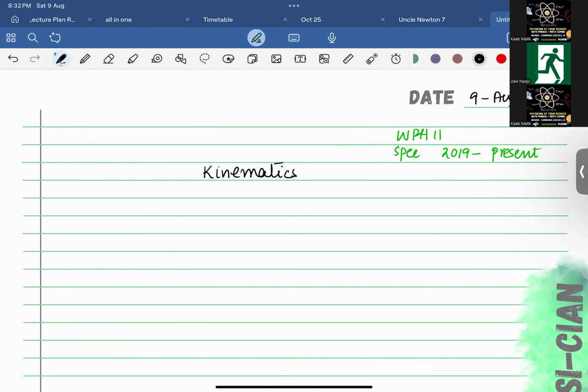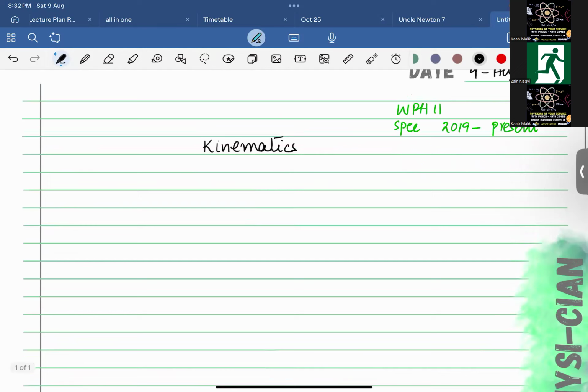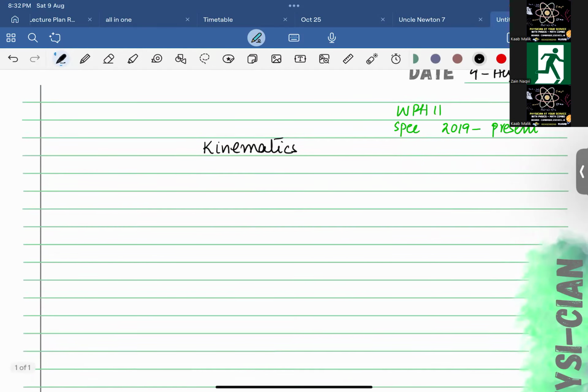Kinematics has a weightage of around 12 to 15 marks, and it will only be tested in Unit 1.